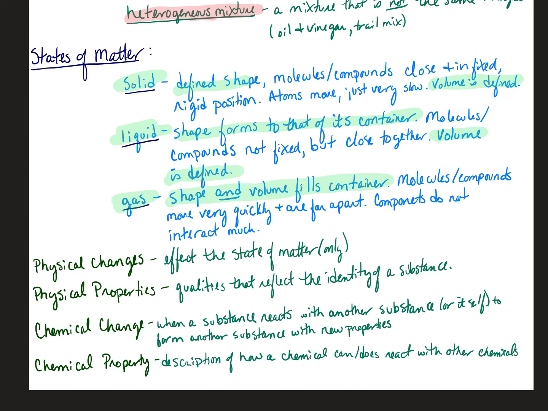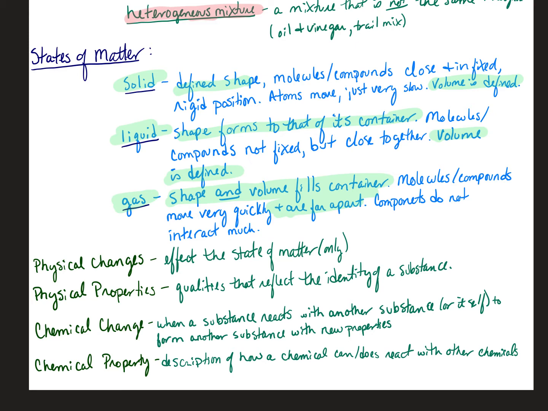What that means is that you don't have all of the atoms of a gas move to just one side of the room. They spread out and they're moving very, very quickly. And we're going to talk about gases later on. These tend to also have atoms or molecules that are very far apart. So that's another thing to know there.